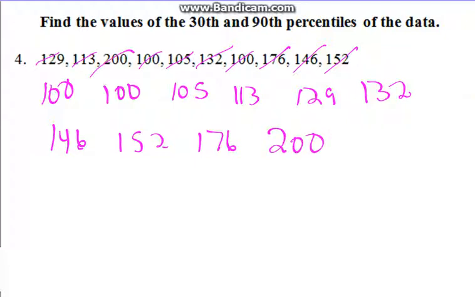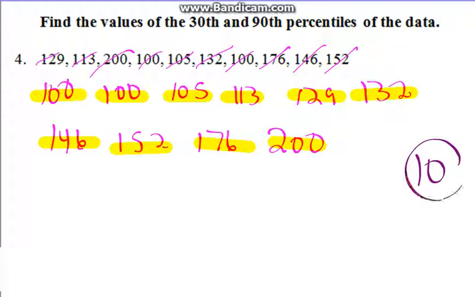That gives us 1, 2, 3, 4, 5, 6, 7, 8, 9, 10 items total.